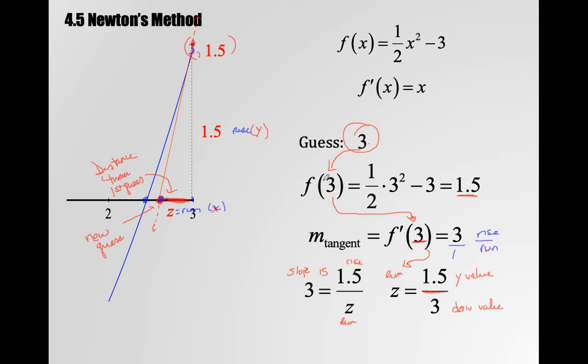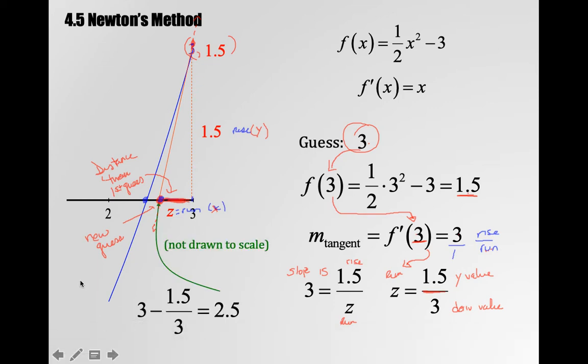So guess, plug into the function, get a y height, plug the guess into the derivative, get your slope, rise over run. Solve for the run, using that slope value and the rise over run formula, or your slope formula, to solve for the run. And this is the distance between your old guess and your new guess.